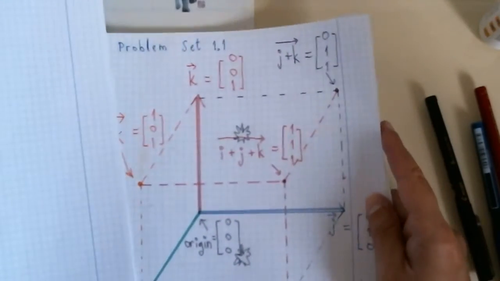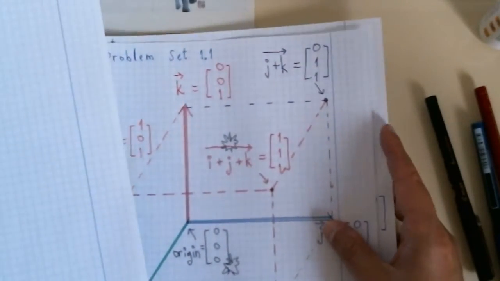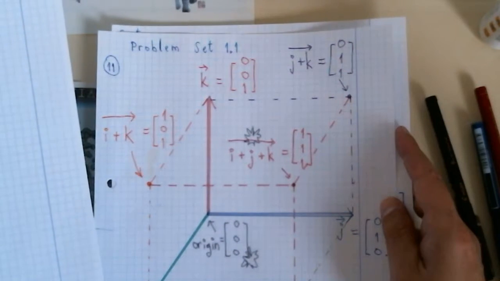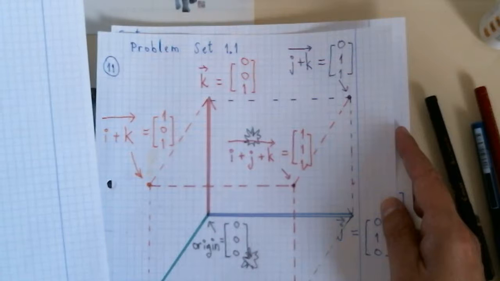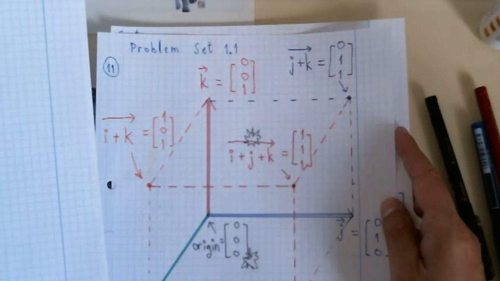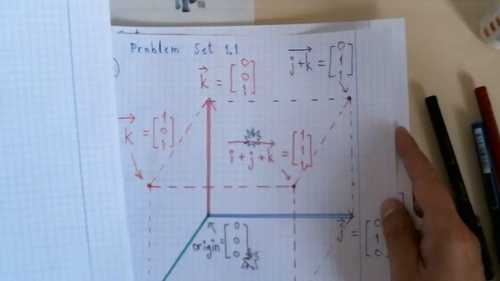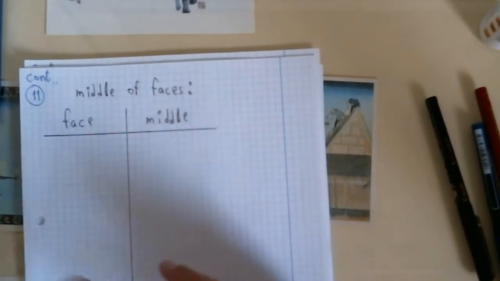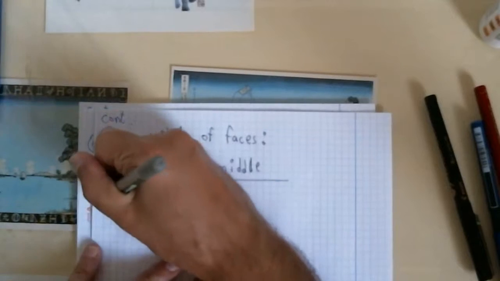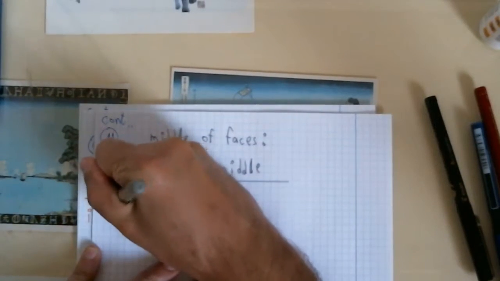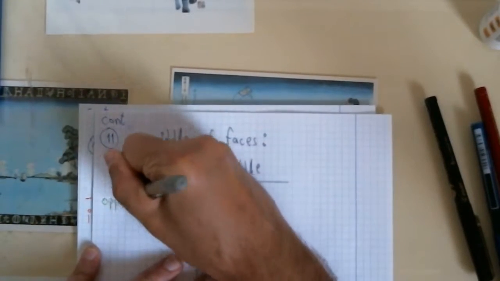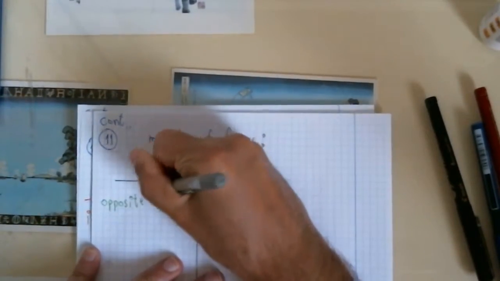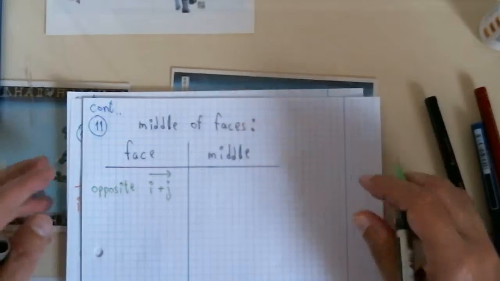Let's call it by name first: opposite i plus j.